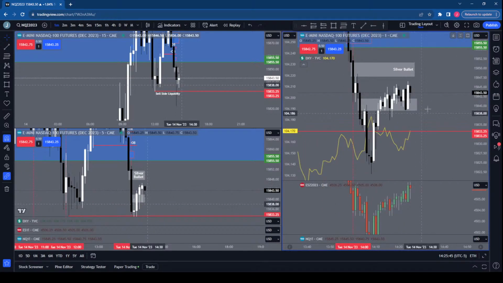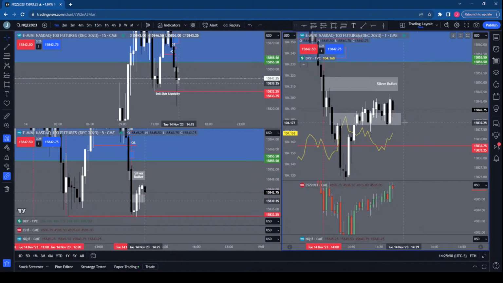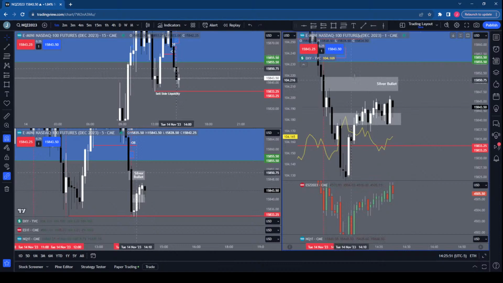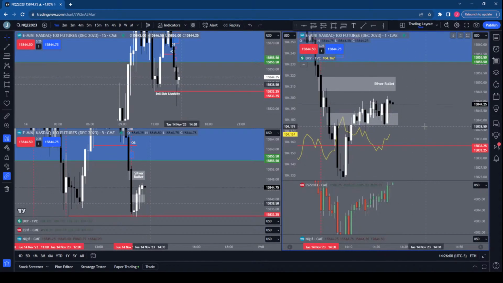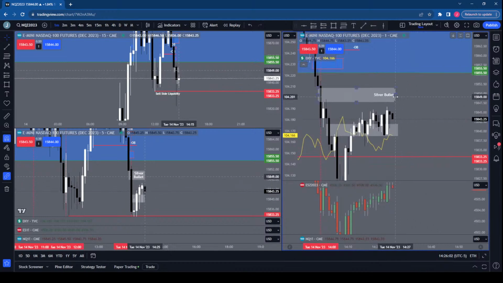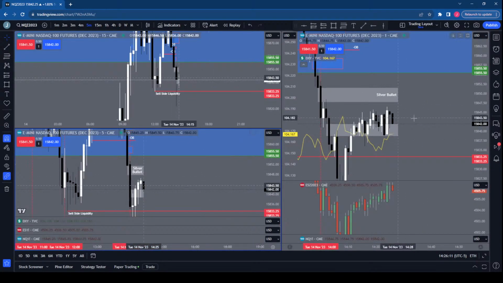Say it hit my stop, it would have been really emotionally draining and hard to take. It would have been a bigger loss and harder to emotionally hop into a second trade. Whereas if I just exited for that small loss, I feel like I would have a little more mental stamina to then enter a second trade off of more data, smaller loss.